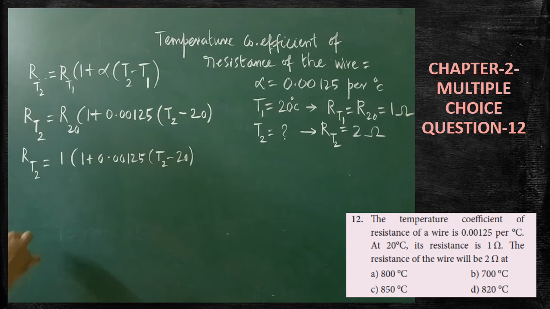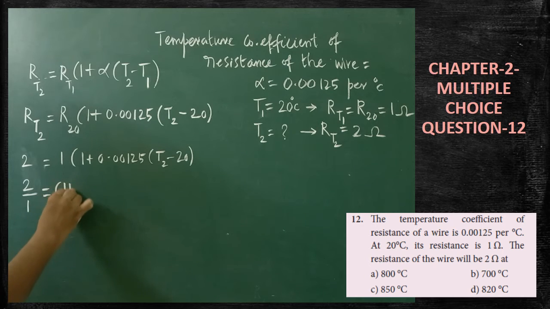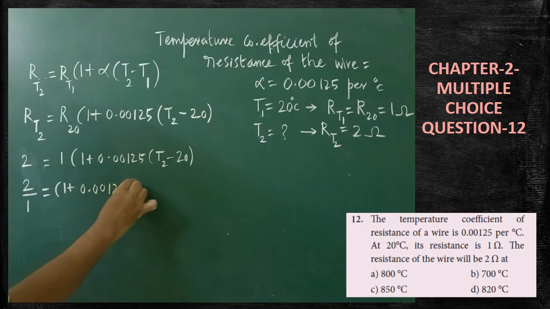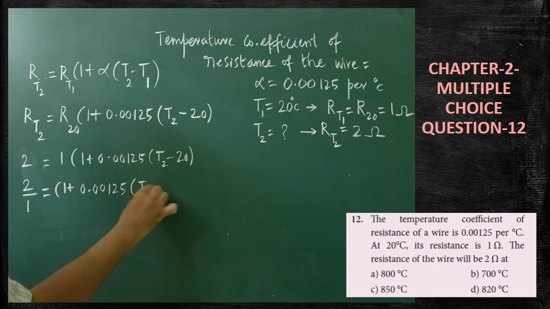Here the RT2 value is also given. Therefore, we can substitute this. Are you clear? What is the value of RT2? 2 ohm. So 2 by 1 is equal to 1 plus 0.00125 in bracket T2 minus 20.